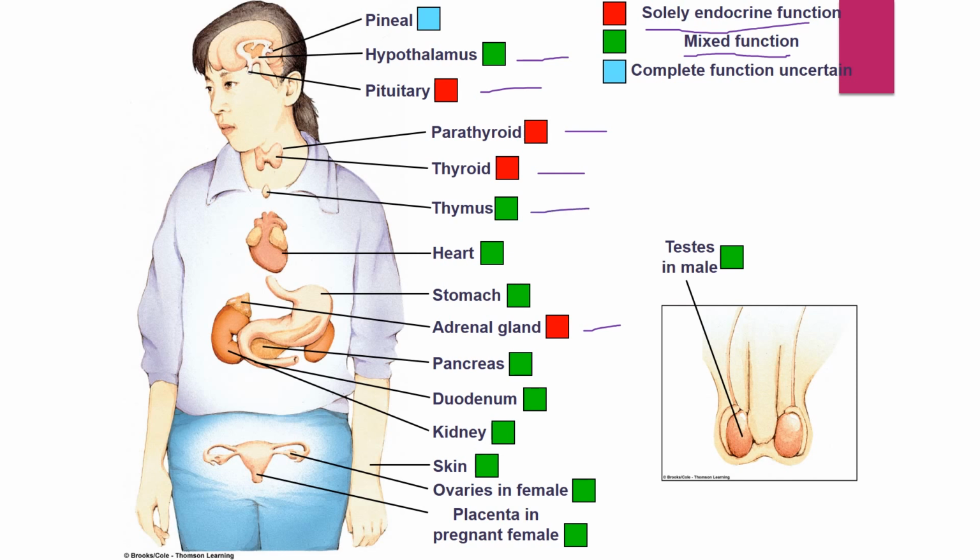The thymus, the heart, stomach, pancreas, duodenum of the small intestine, the kidneys, the skin, the ovaries in females, placenta in pregnant females, and testes in males. And then the complete function is still unknown for the pineal gland. However, it does play a role in hormonal regulation, so it is part of the endocrine system.